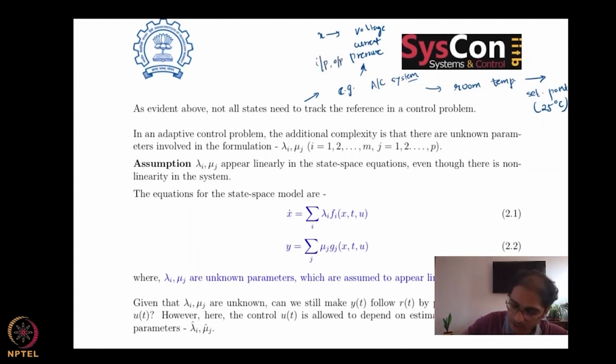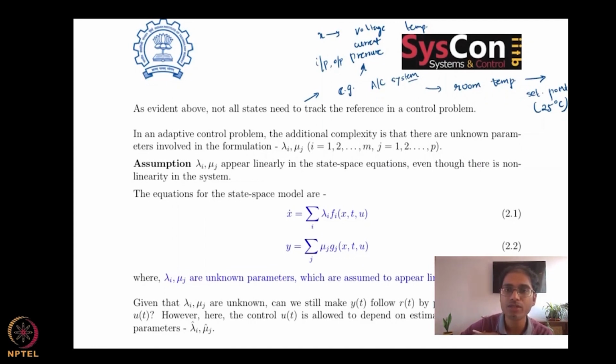Then there is of course temperature. This is not just the temperature at the output, that is of the room, but this can also be temperature at different points in the air conditioning system. So there are many states. I have just given you 4 or 5 states already, but if you want to do more and more careful modeling, then of course you will have more and more states. But the fact is, we are not concerned with all the states tracking a particular set point.